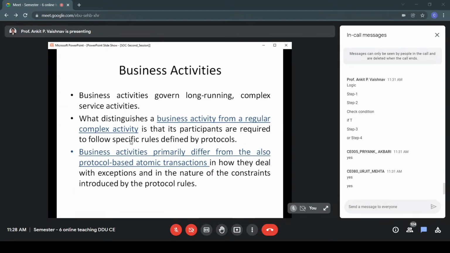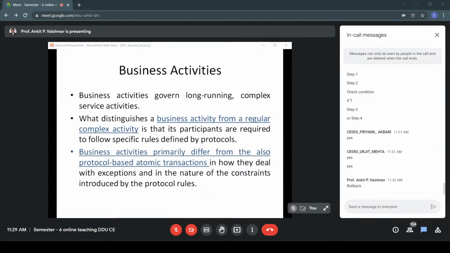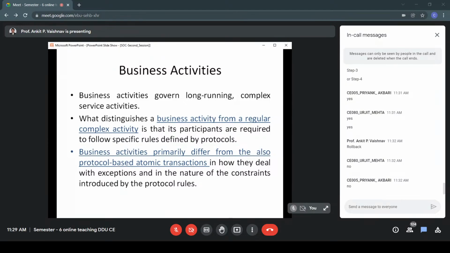Now there is one more difference between business activity and atomic transaction. In atomic transaction, we usually have rollback capability. But in business activities, do we require rollback? No, right? Basically, what kind of behavior will we have?